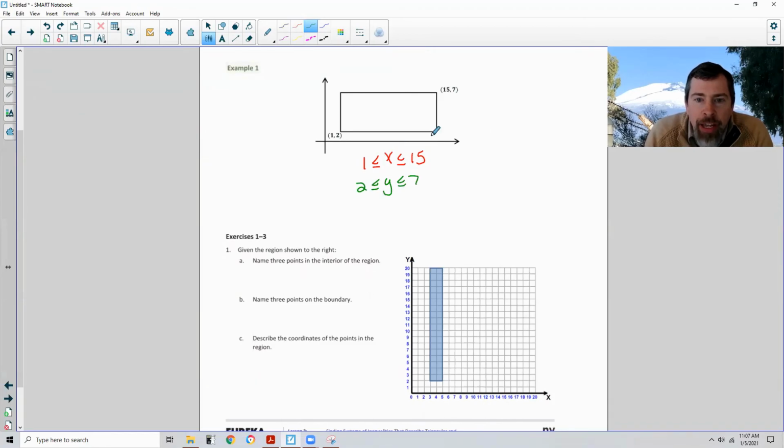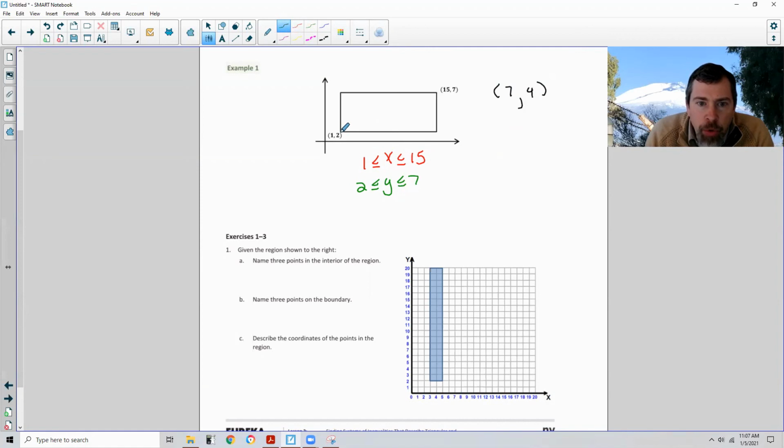So if I just wanted to choose a point that I would say is in this region, pick a value for x between 1 and 15, and just randomly I choose 7, and choose a value between 7 and 2. And if I say, well, 4 is between 2 and 7, so I'll put a 4 there, then the point 7 comma 4 should be here.